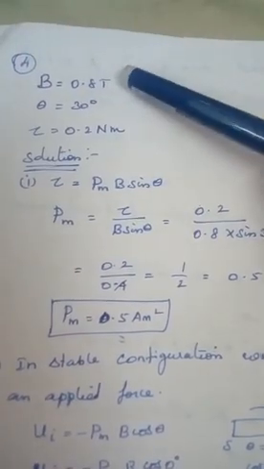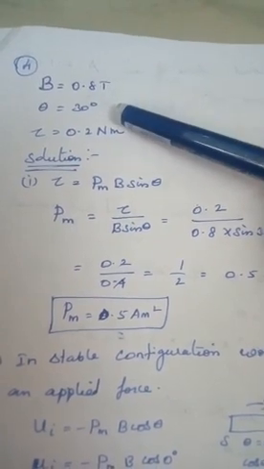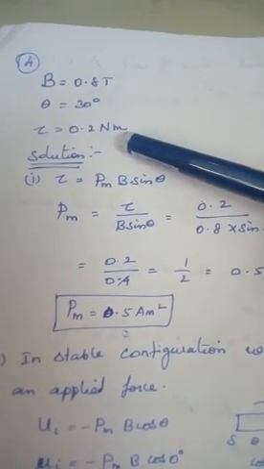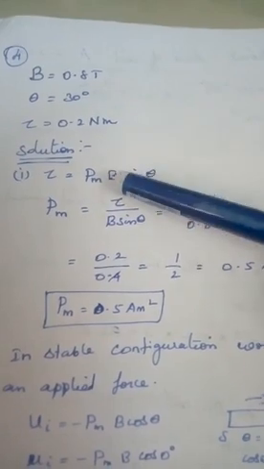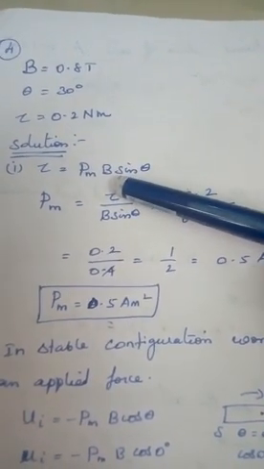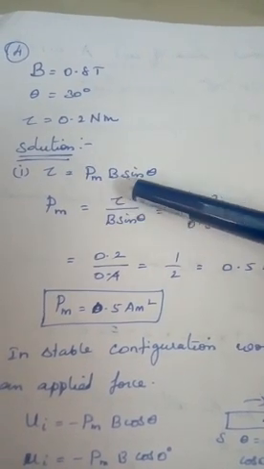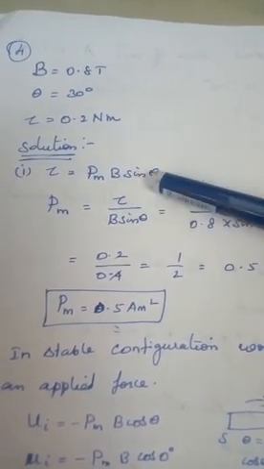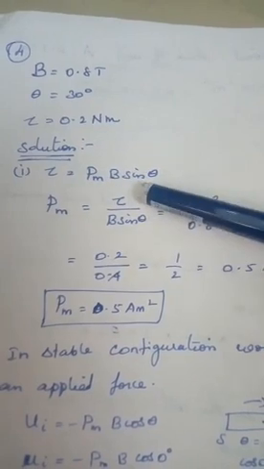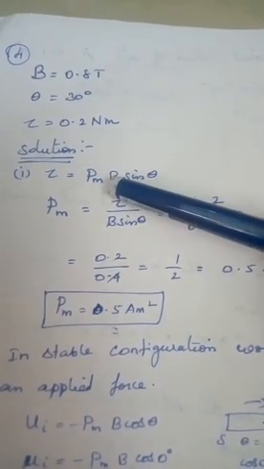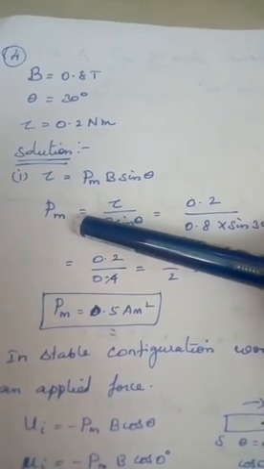Given B is equal to 0.8 Tesla, theta is equal to 30 degrees, and tau is equal to 0.2 Newton meter. First we have to find the magnetic moment. Tau is equal to PM B sin theta, so from this torque value we find PM.